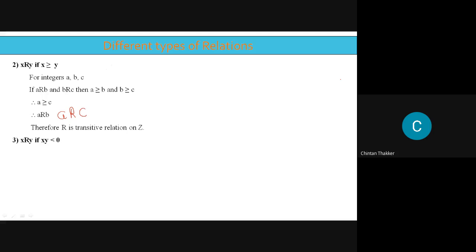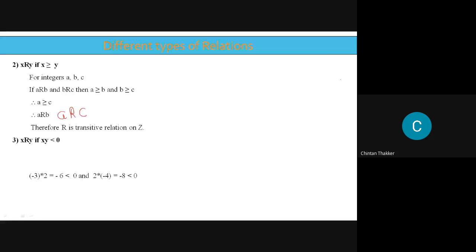So if the first is related to the second, these two have opposite signs. If the second is related to the third, that means the second and third have opposite signs. So this is not transitive.